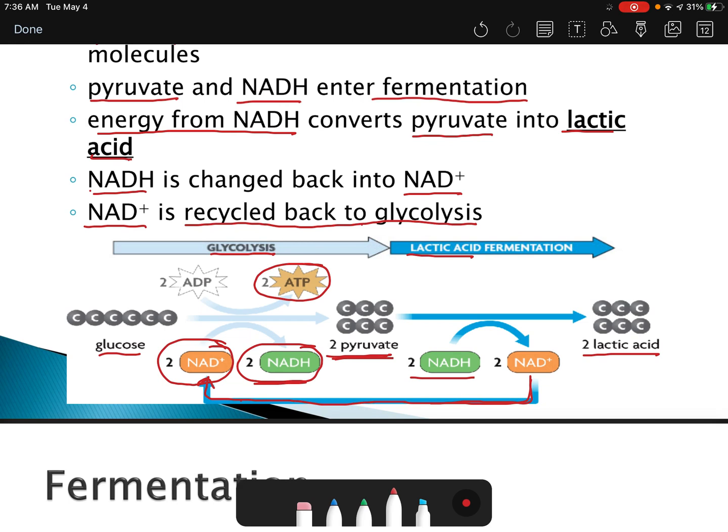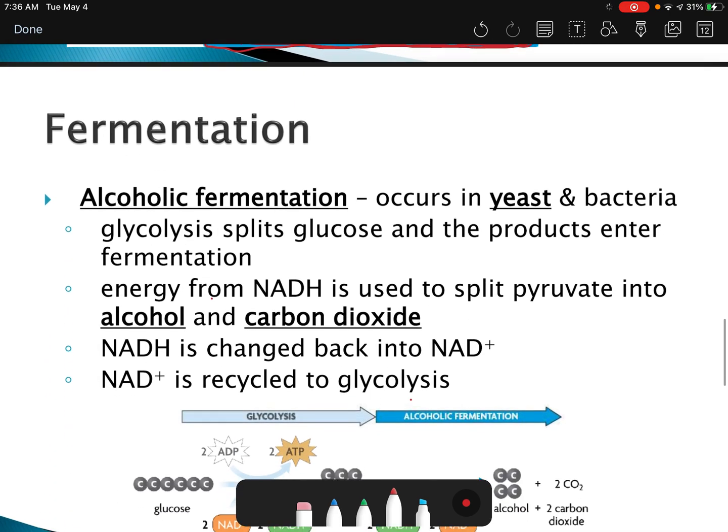Well, then they convert back to NAD+ and FAD. So for aerobic respiration, we're getting all those from the electron transport chain, and some of those will come back to glycolysis to be able to start glycolysis. But for fermentation, we get them right here, and we have to recycle them back. So fermentation allows glycolysis to continue when there's no oxygen present.